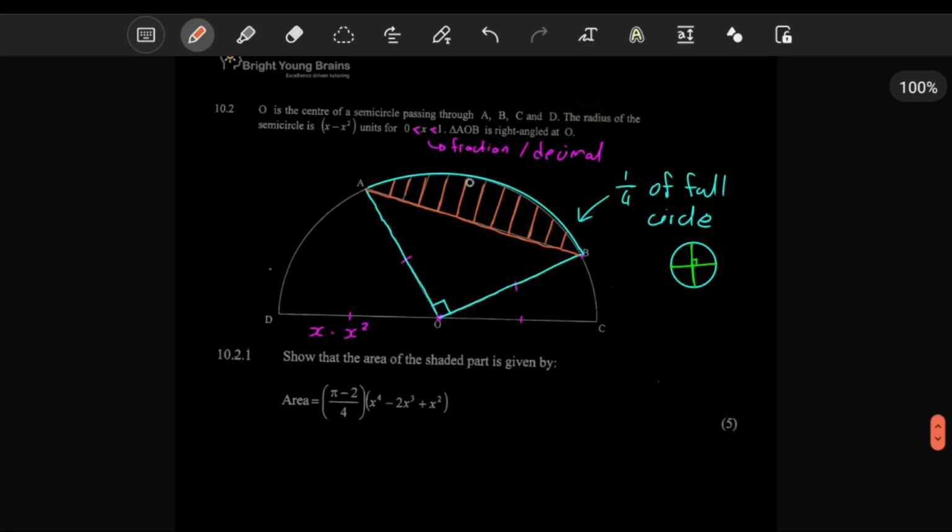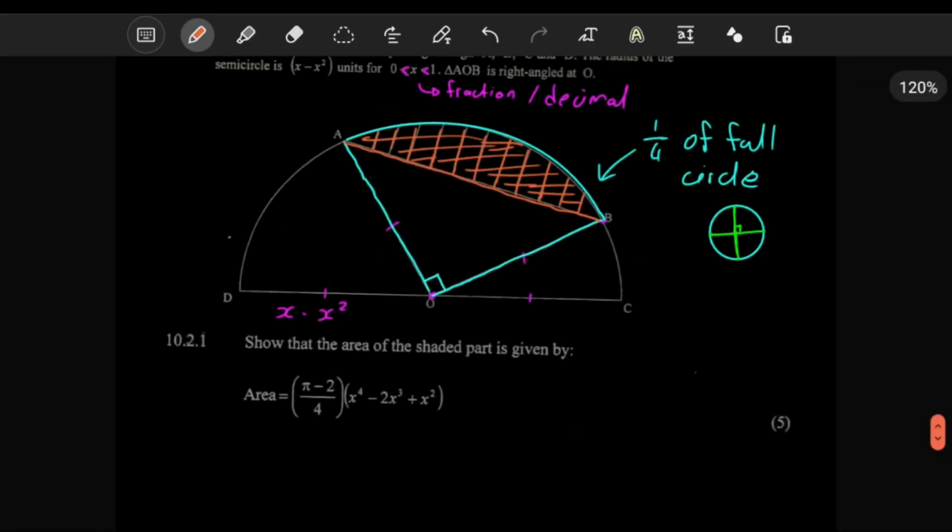They said show that the area of the shaded region is given by this. Try not to focus on this until you are almost done. Think to yourself, let me just get the equation for the shaded region and then compare it with what they have to see if we have the same thing. That's the approach you want to take for a question like this one.